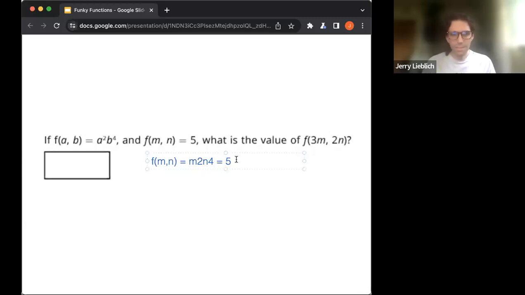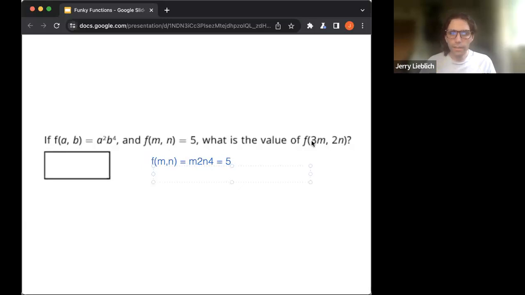Simpler reason, 2 variables, only 1 equation. And if I have 2 variables, I would need a second equation. And you can watch the free prep hour on 2 variable word problems if you want more explanation about that. But so we can't actually solve for m and n.